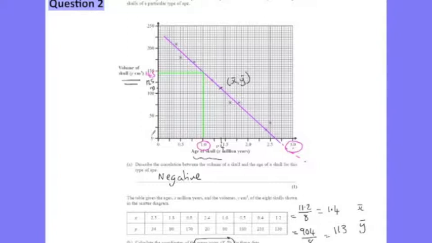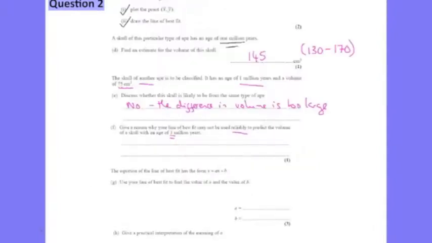It's below 0. So first off, it's going to give us a negative volume, and this is not possible. We cannot get a negative volume for a skull.